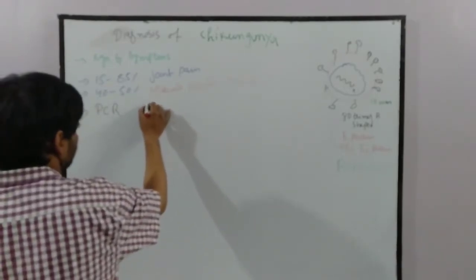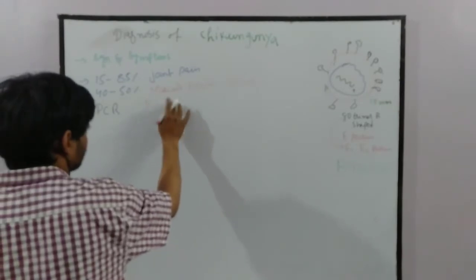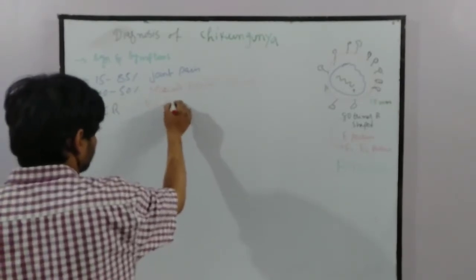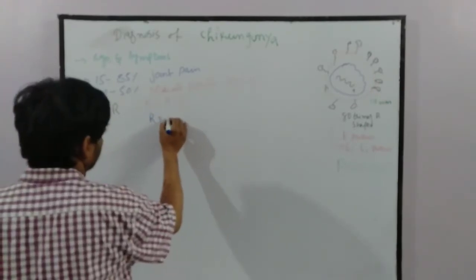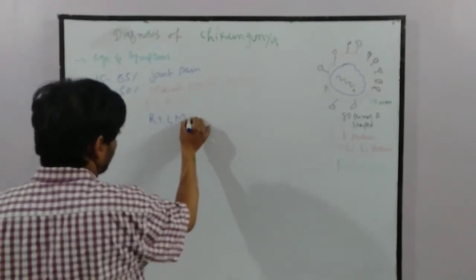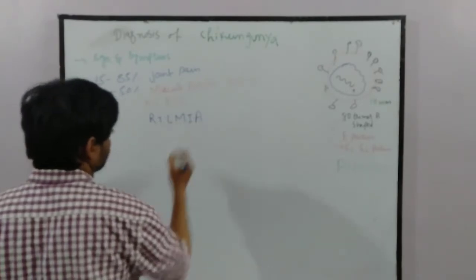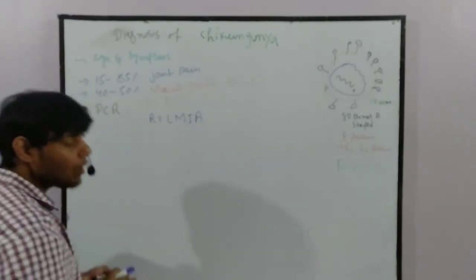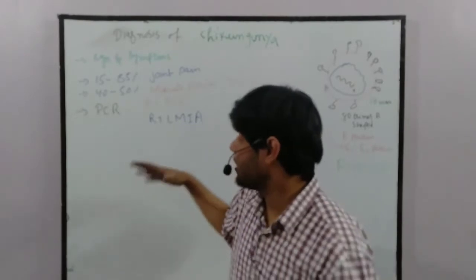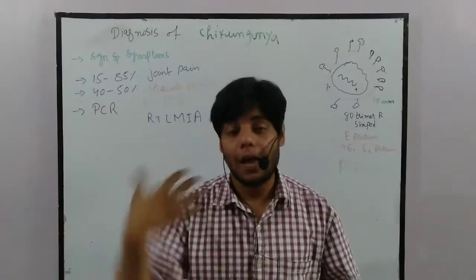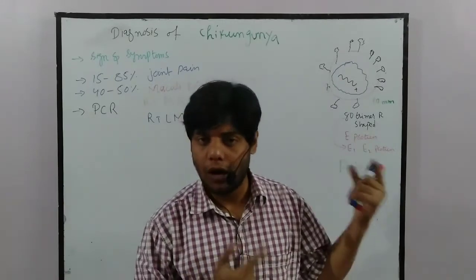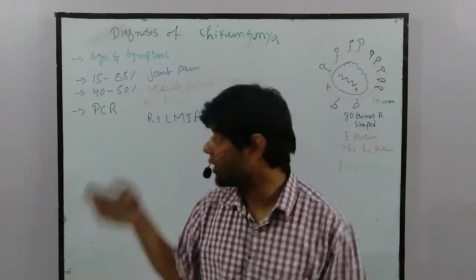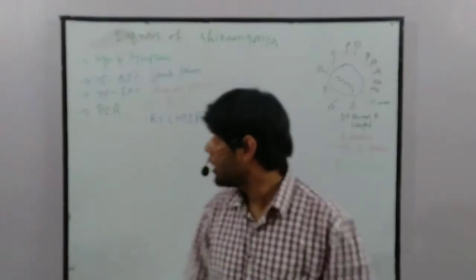The first we call real-time PCR, and the second we call real-time loop-mediated isothermal amplification. These two are the types of PCR with which we can amplify the genome of this arbovirus, and we make sure that this is the chikungunya disease.